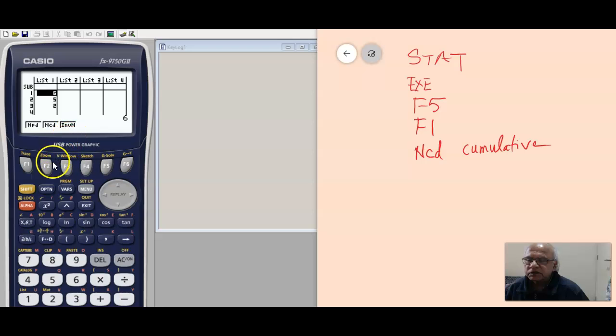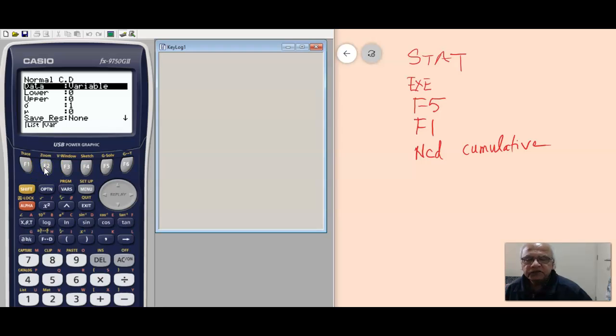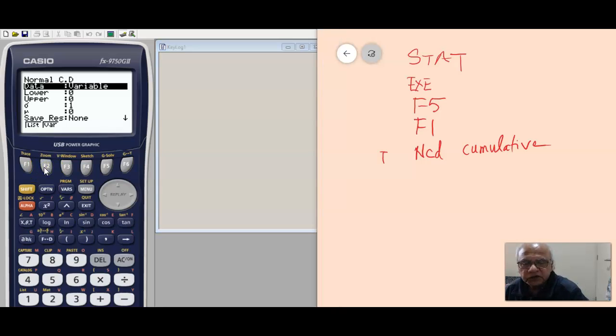So that will be F2. Now, once I go there, there are two options: list and variable. For the time being, we are going to avoid list, which is quite an important feature.